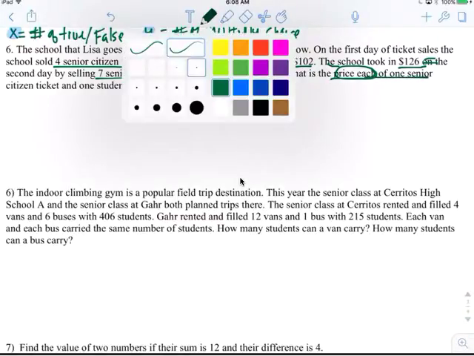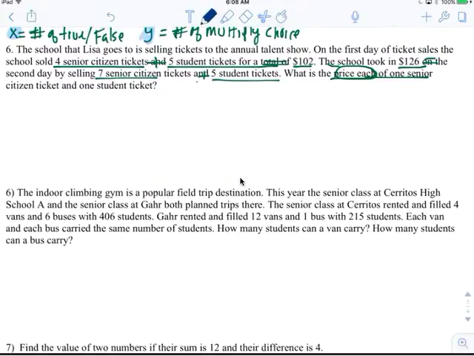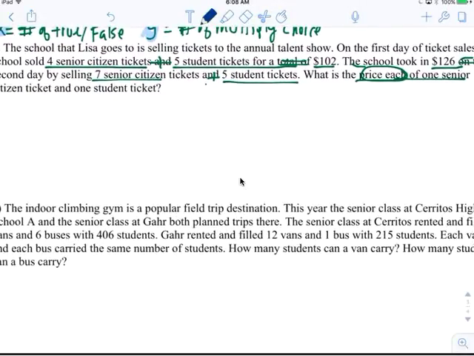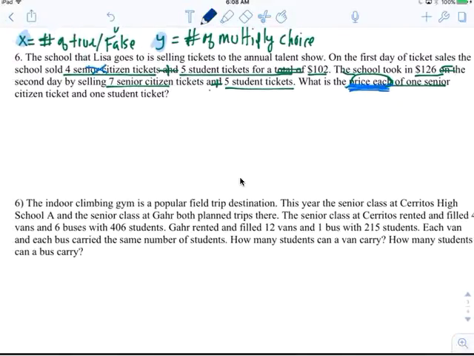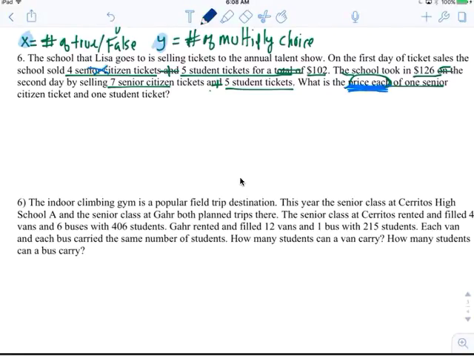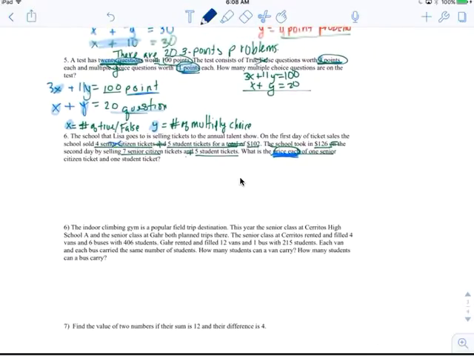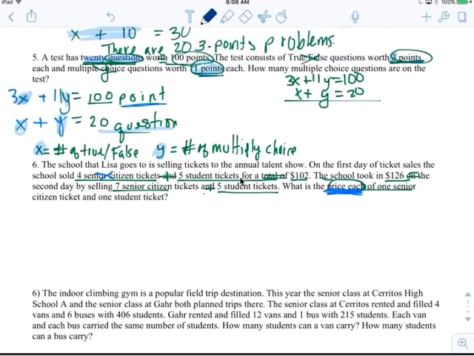Okay, so 4 senior tickets for X. And then X represents the price, because they're asking us to find the price. See, this is how we know what X represents. You need to read the question.